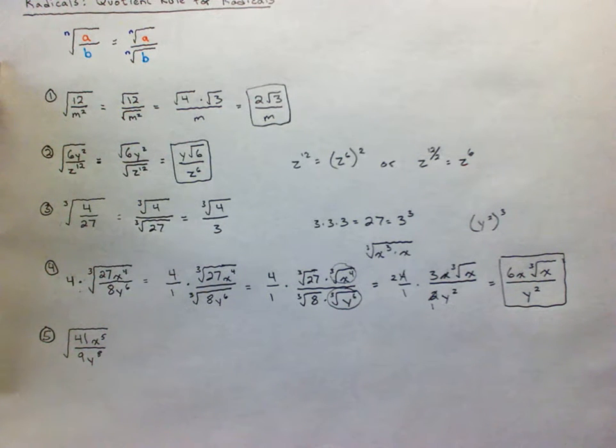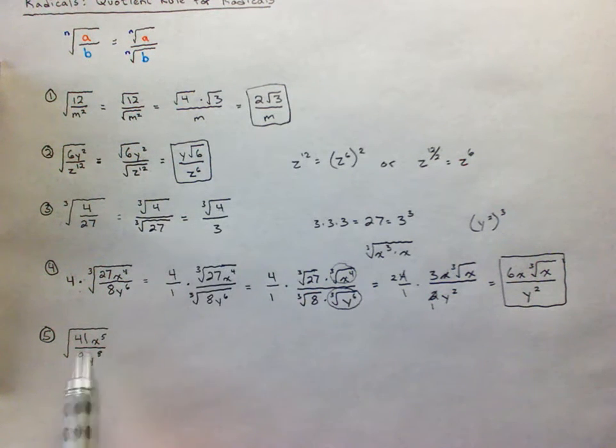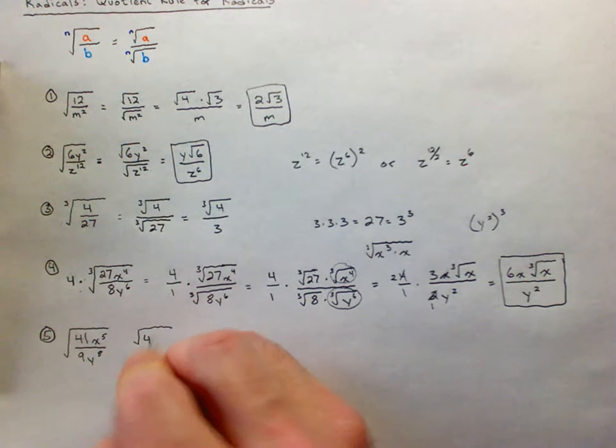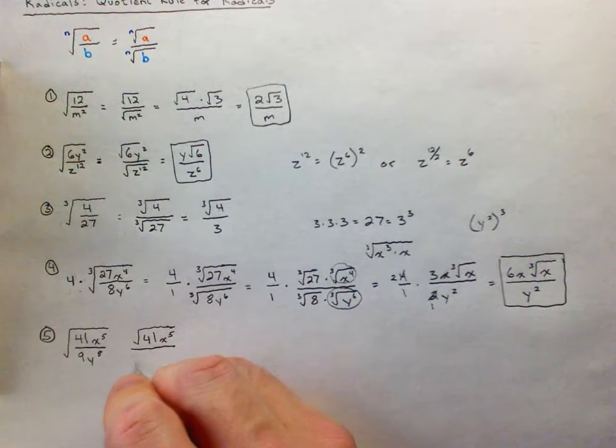And my last one, again, you notice some of these have a prime number in there, like 4. Don't let that throw you off. Same here with 41. 41's a prime number. I cannot do anything with it. There's nothing wrong with that.